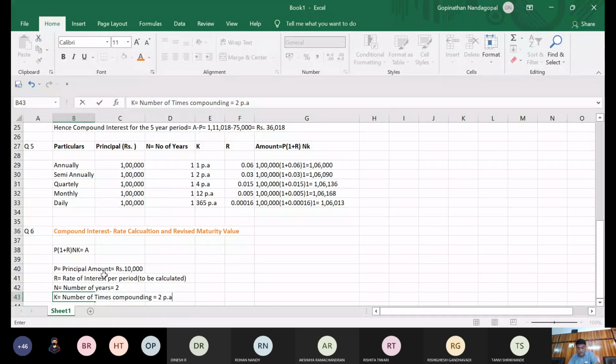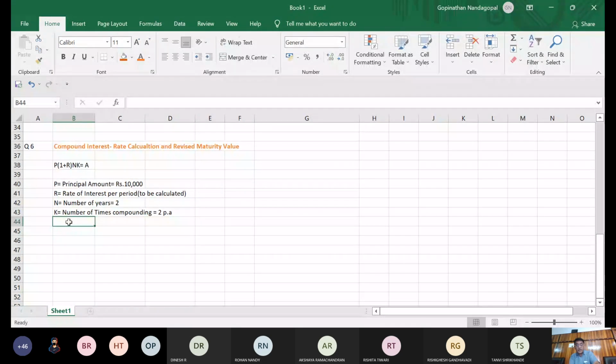And the last one, A, is equal to maturity value, which is equal to rupees 12,625.